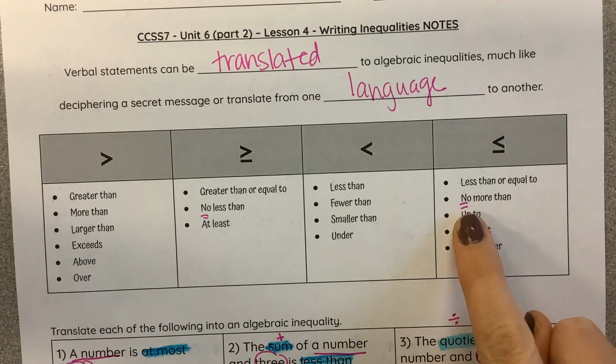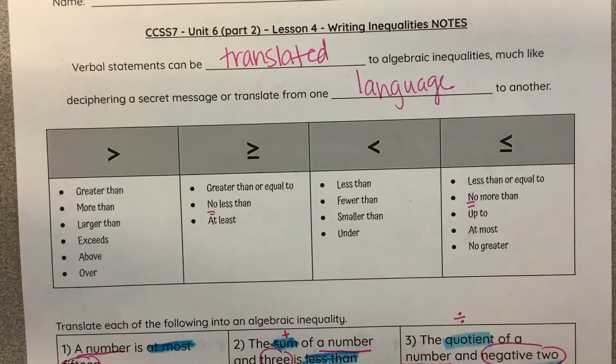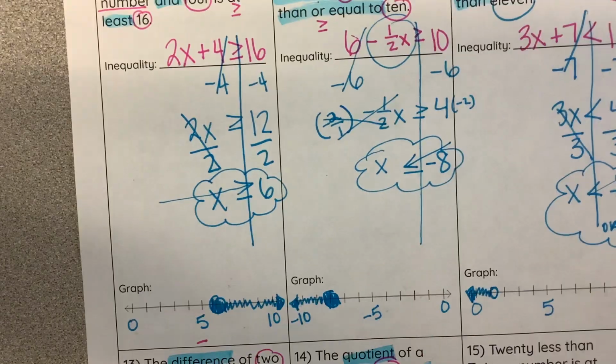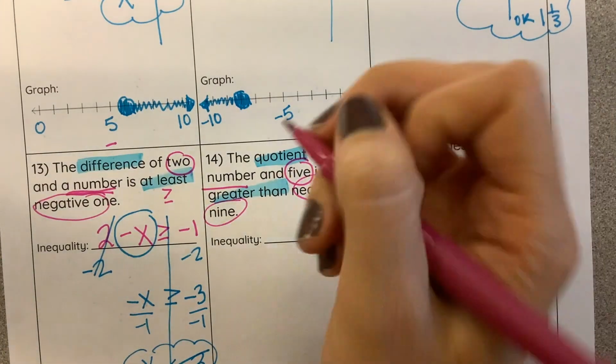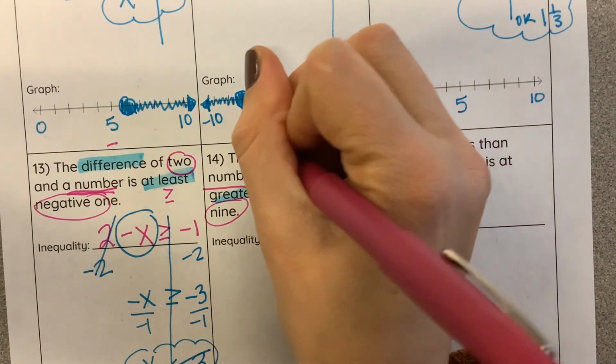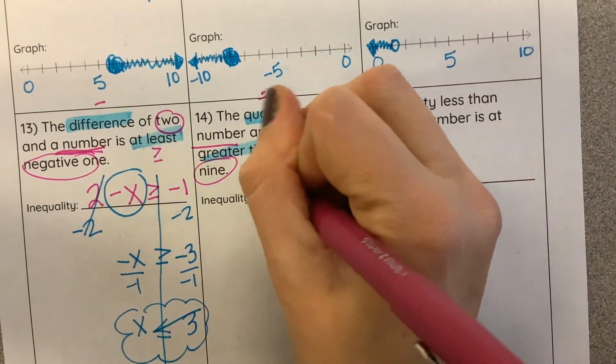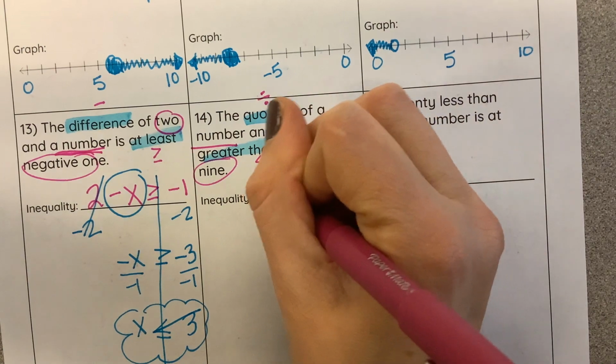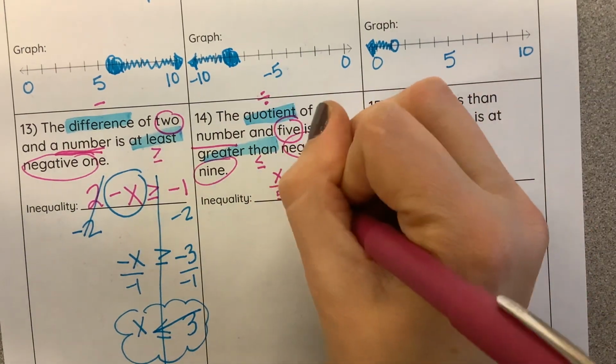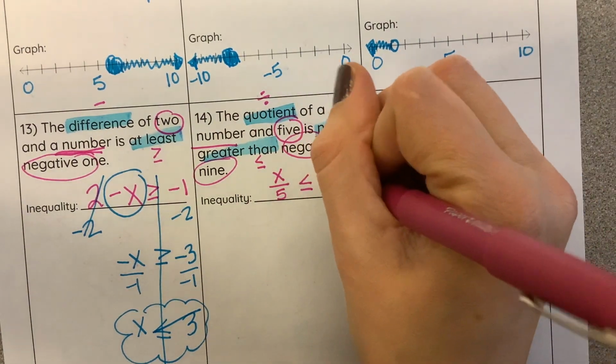No more than and no greater than are the same, because more and greater are equal. So no greater than is going to be less than or equal. So the quotient of a number and 5, we do it in that order. The number on top, 5 on the bottom. No greater than is less than or equal to -9.